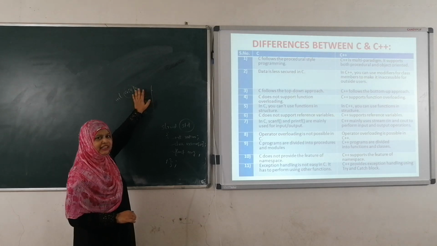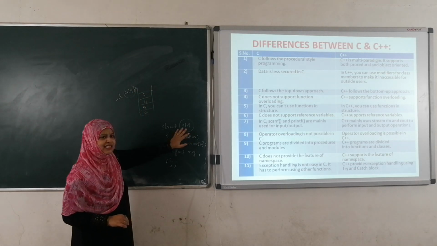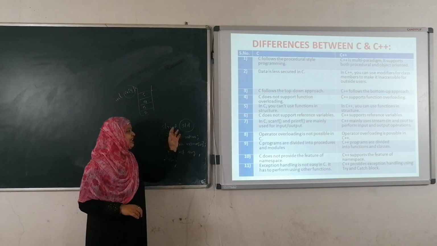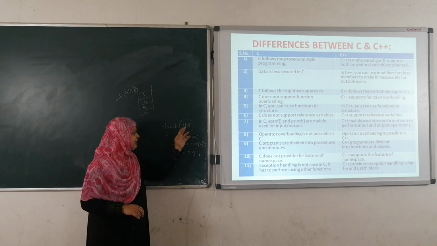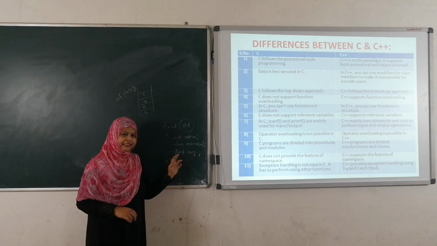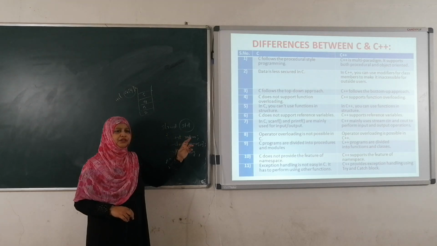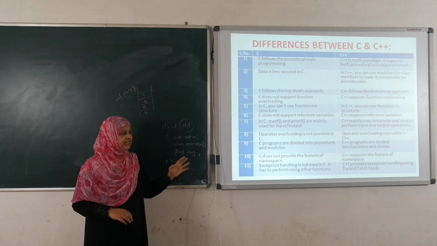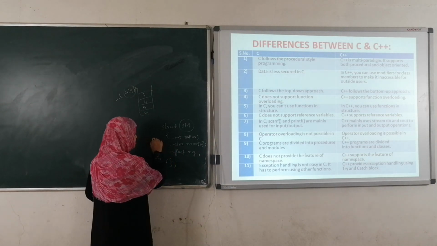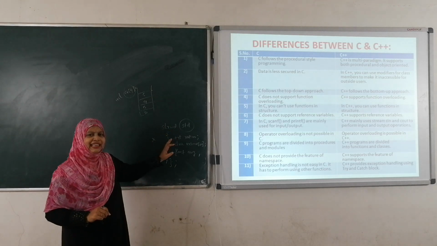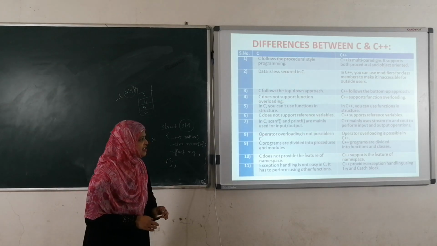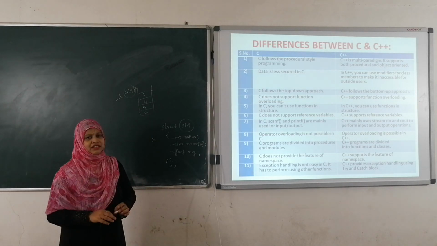To overcome the difficulty, we introduce the structure. In a structure we store various types of data in a single structure. Here in student we have roll number as integer, name as character, and average as floating point. In C we can't define any function in the structure, whereas in C++ we can use functions in structures.